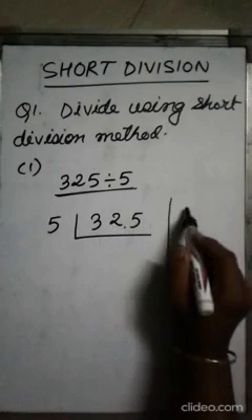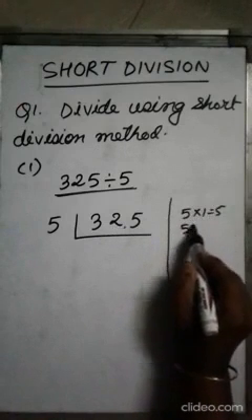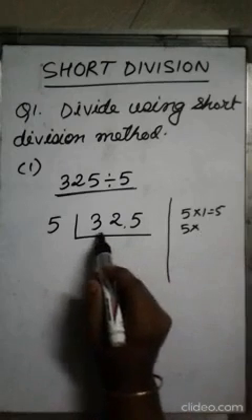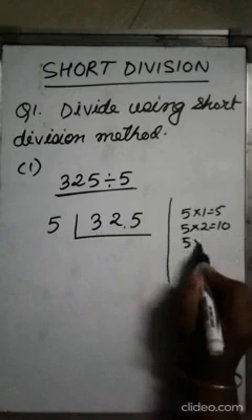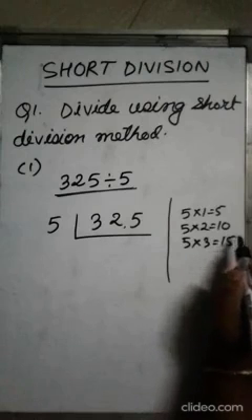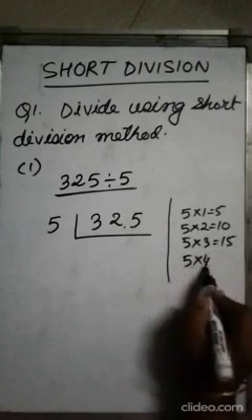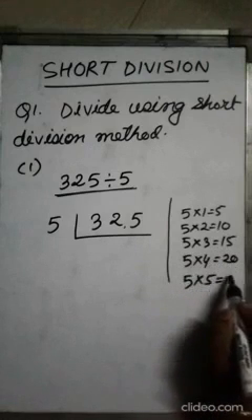How many times can we divide 32 by 5? I have written the table for 5 in my rough work area so that you can understand how to do it.